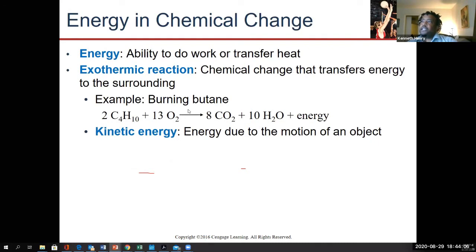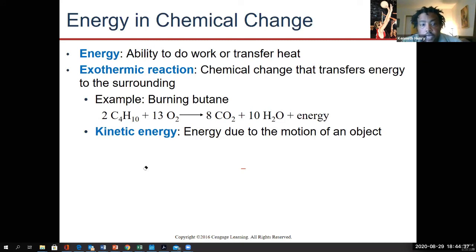Okay, so let's talk about energy, right? So energy has to be conserved just like matter. Energy is basically the ability to do work or to transfer heat. Okay, so if you're burning something and you stand next to it, let's say a log on a fire, what do you feel?